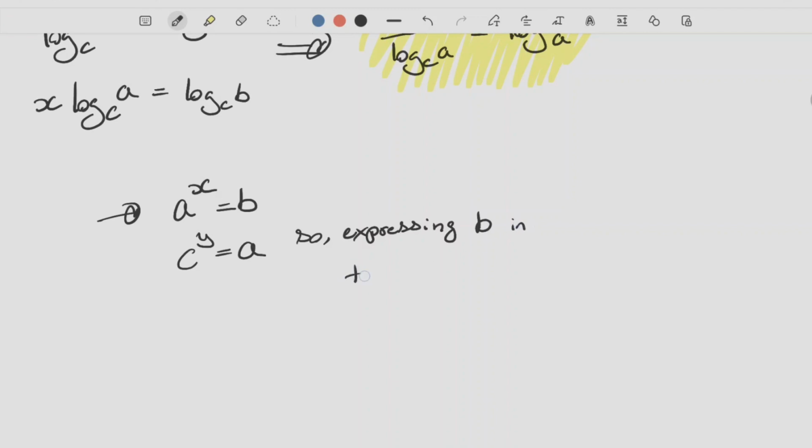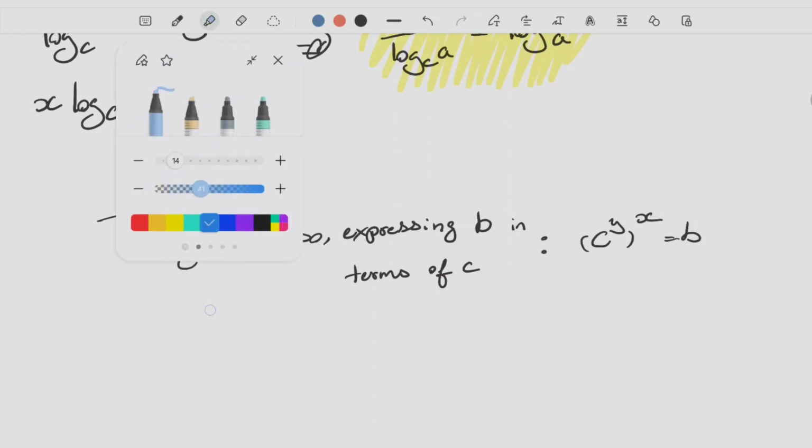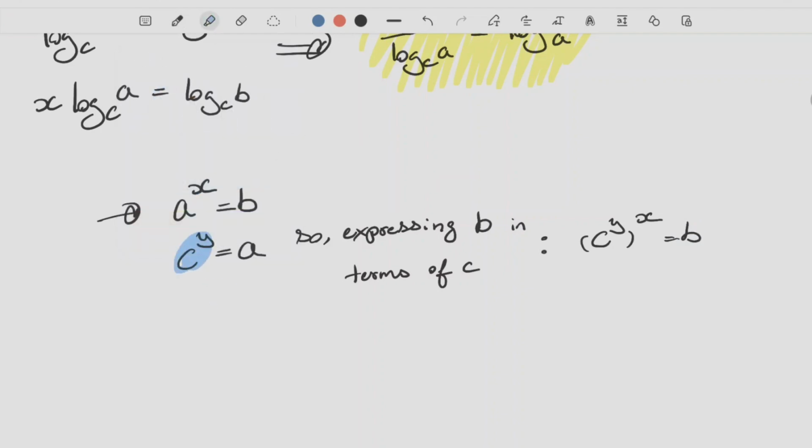We would do this. Let's see. Okay, in terms of c, it would be c to the y, to the power of x, equals b. So c to the power of y is a, and then that's the power of x. So we got c to the yx equal to b.